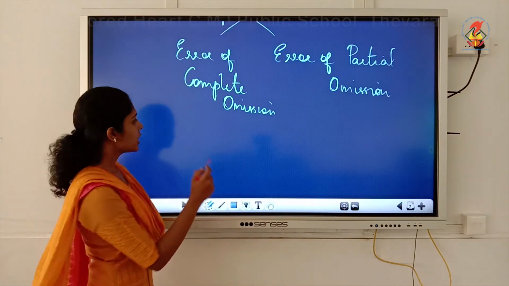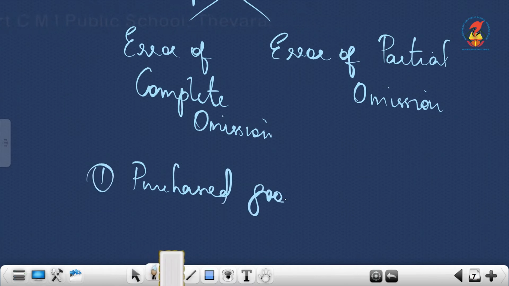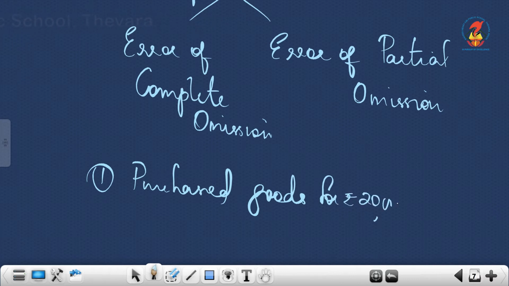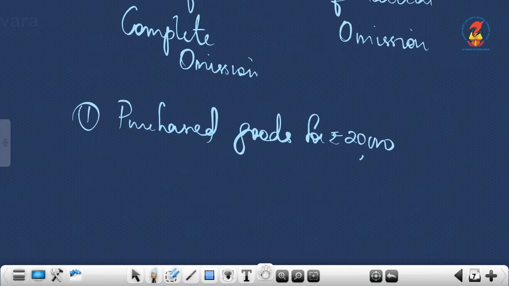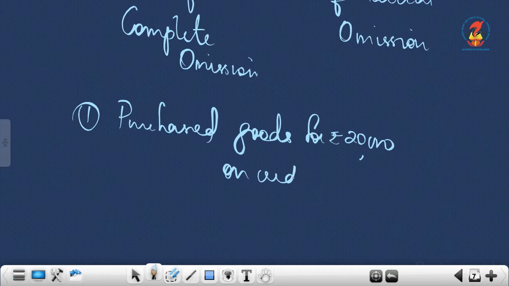Understood? Suppose you purchased, this is the example which you can write here. Any example you can write, purchased goods for rupees 20,000 suppose. And we know that we have to record it in journal first, or if it is a credit transaction like purchase goods on credit, where will you record this transaction?